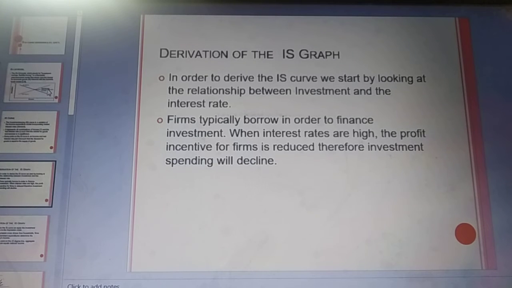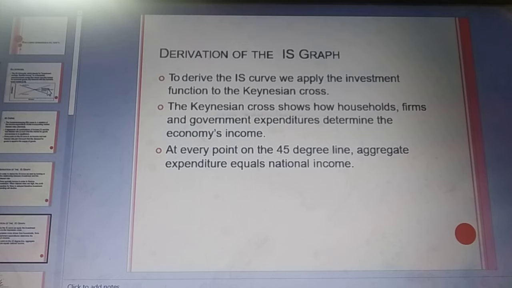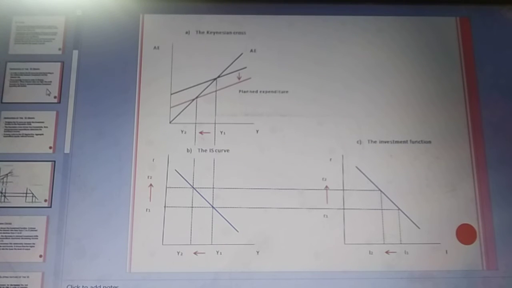And if the interest rates are lower, it will increase the investment and spending in the market. Apart from that, the Keynesian curve shows how household, firm, and government expenditure determine the economy's income. We can clarify all this explanation by understanding these graphs.